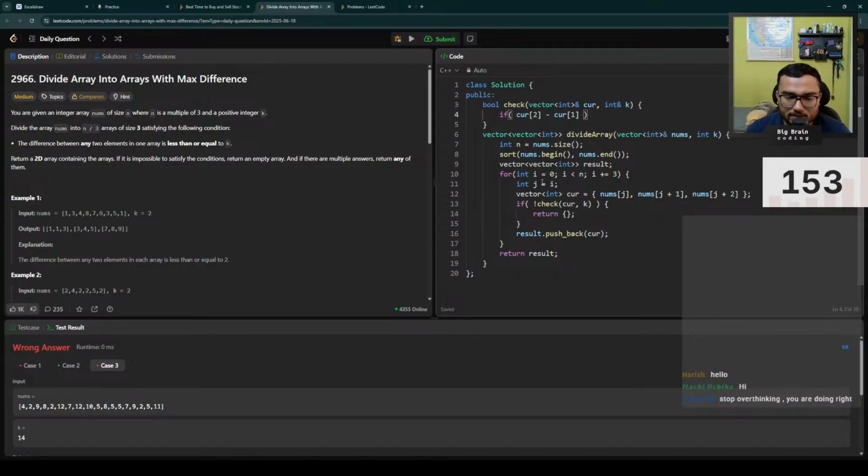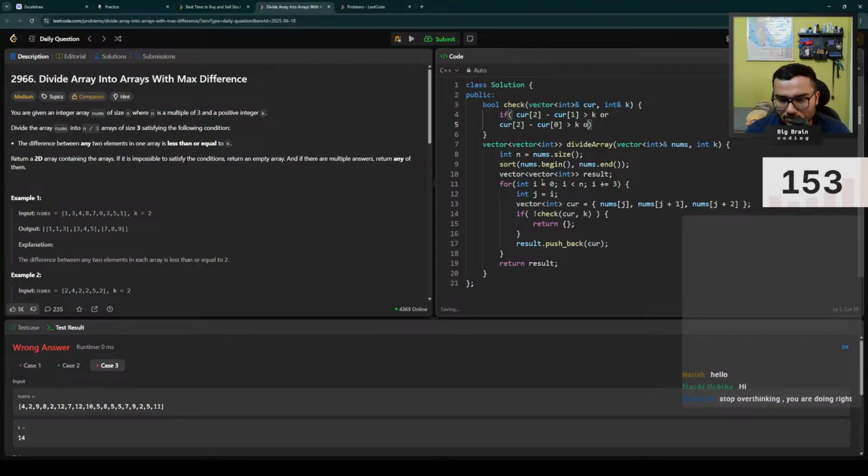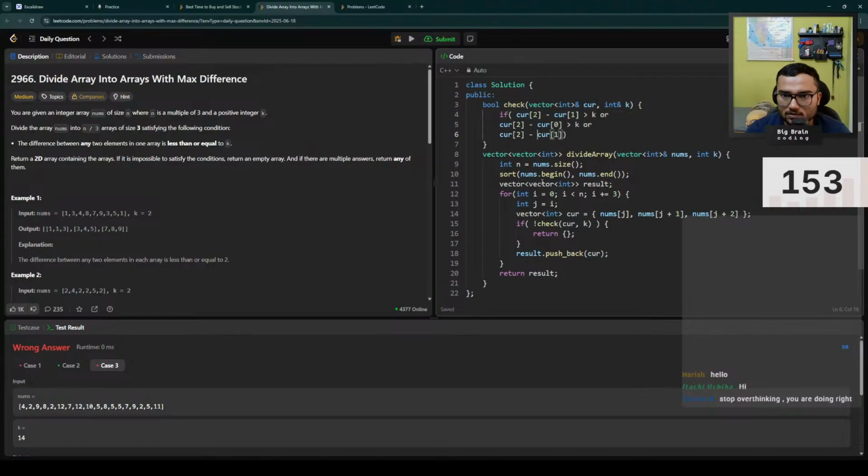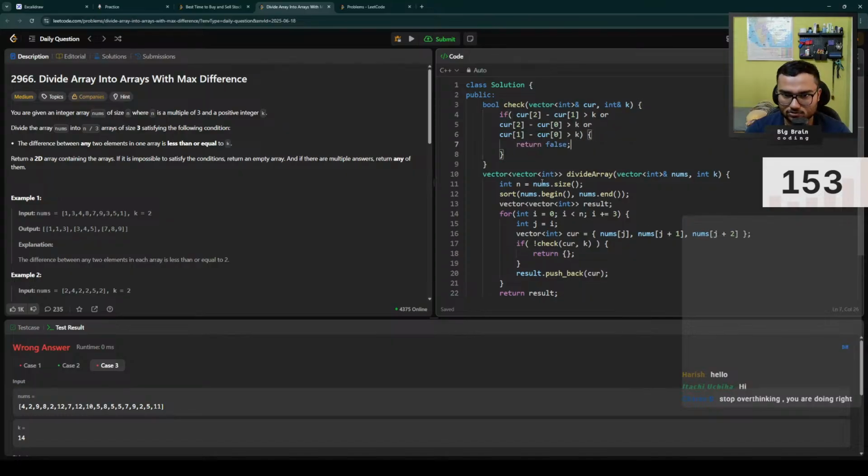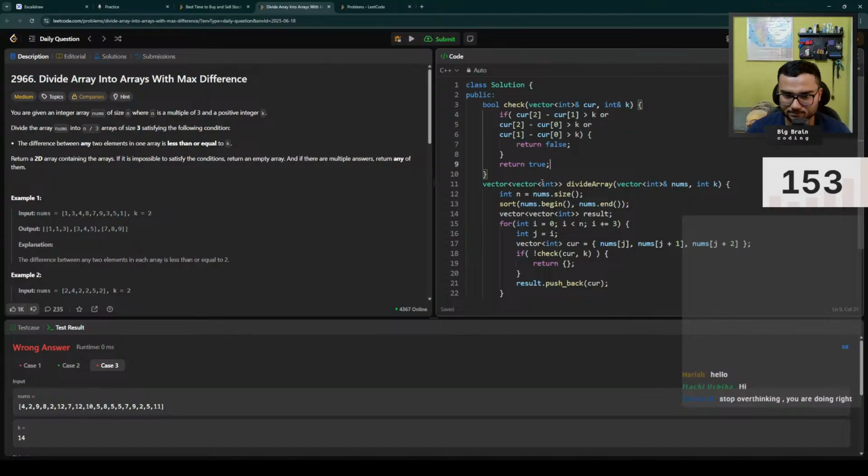If current 2 minus current 1 is greater than k, or, if current 2 minus current 0 is greater than k, or what else is left, current 1 minus current 0 is greater than k, then return false, otherwise return true. Let's see.